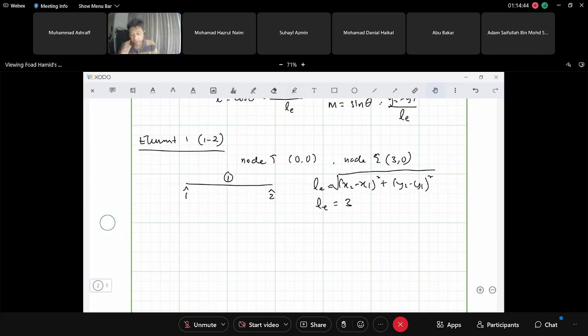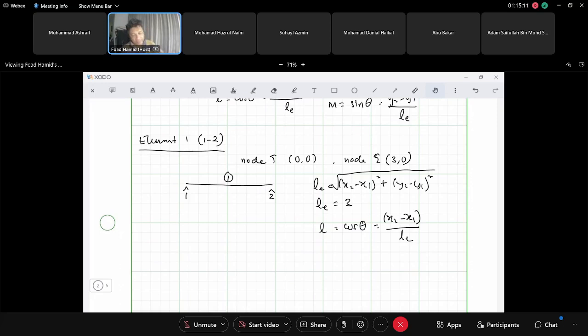And what about our theta? What about our L, which is cos theta, which is x2 minus x1 over LE. Remember that our theta is always measured from node number 1, and measured from the horizontal in the counterclockwise direction.